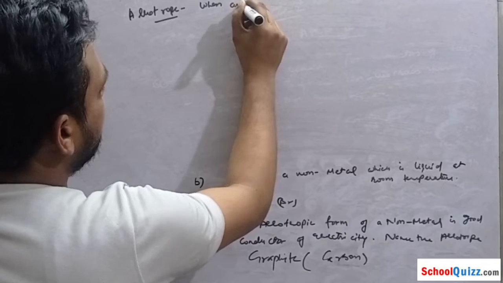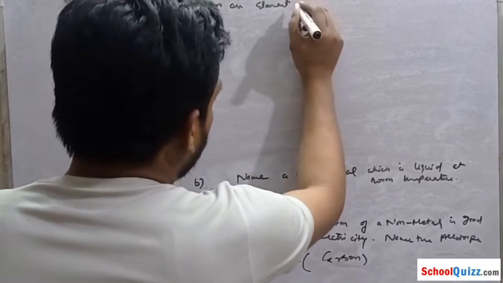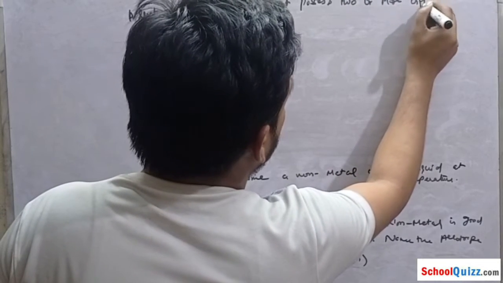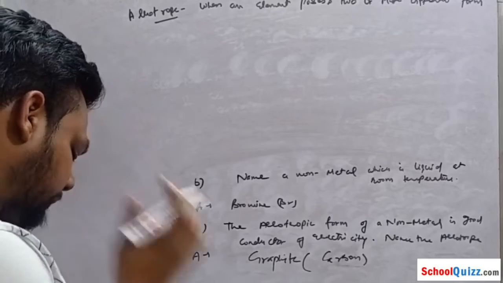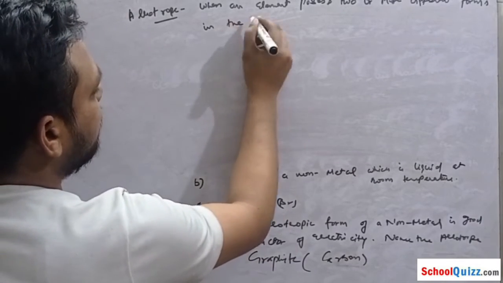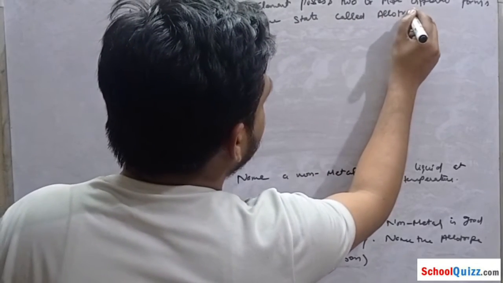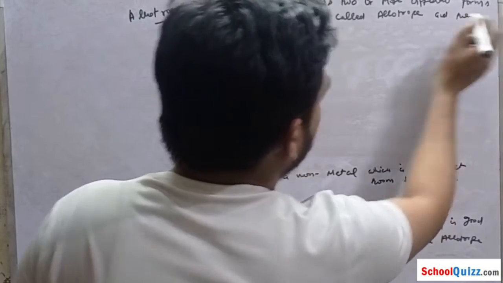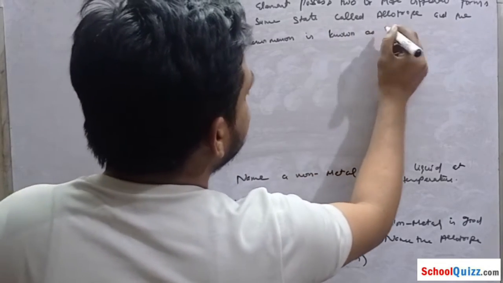When an element possesses two or more different forms in the same state, it is regarded as an allotrope, and the phenomenon is known as allotropy.